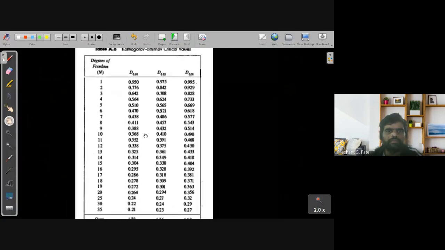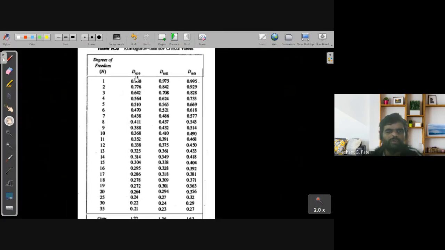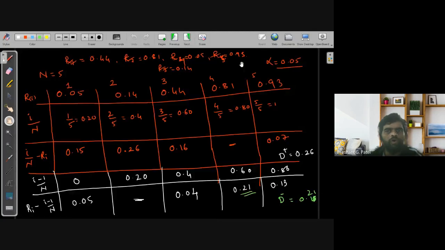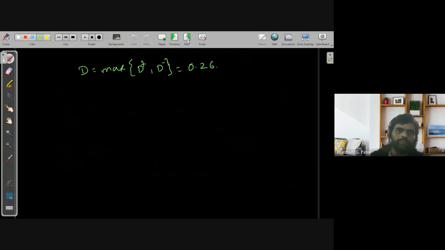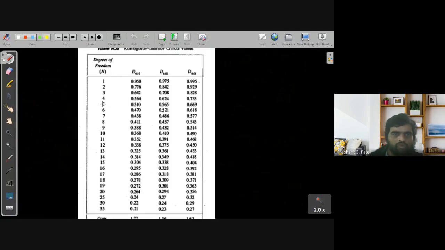It's not visible correctly, but it is D0.1, D0.05, and D0.01. Given that alpha is 0.05 and n is 5, the degree of freedom is 5. So for n equal to 5, you have to look at this value in the table.